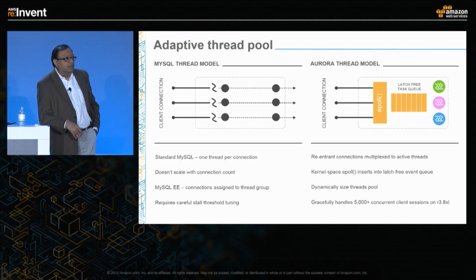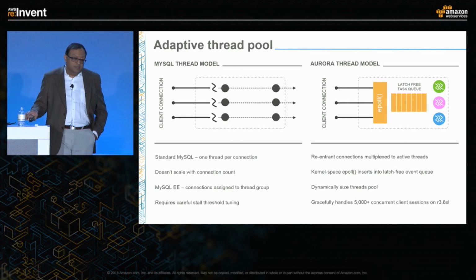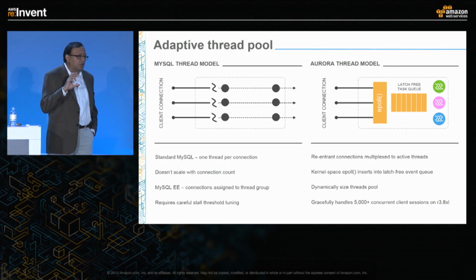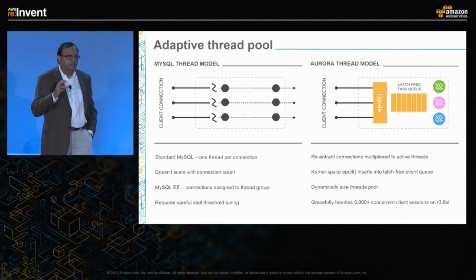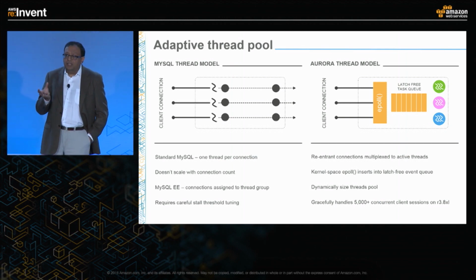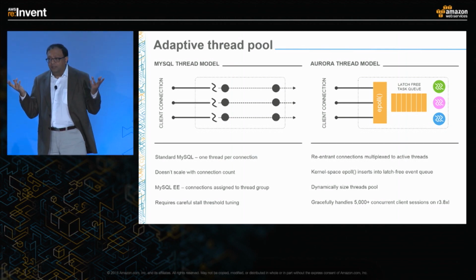And if they find out that somebody is taking too long, then they'll allocate another thread and issue it as well. And there's this thing called a stall threshold, where you decide when something is taking too long.